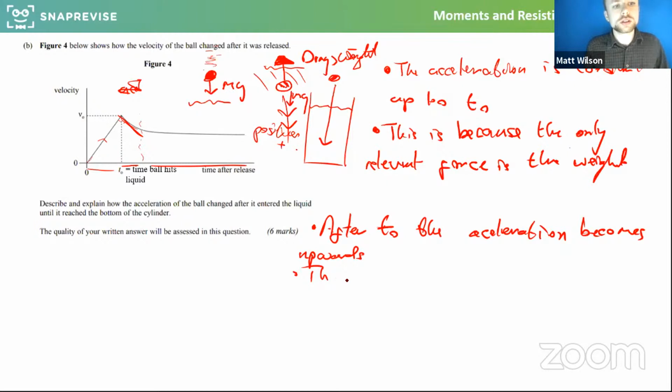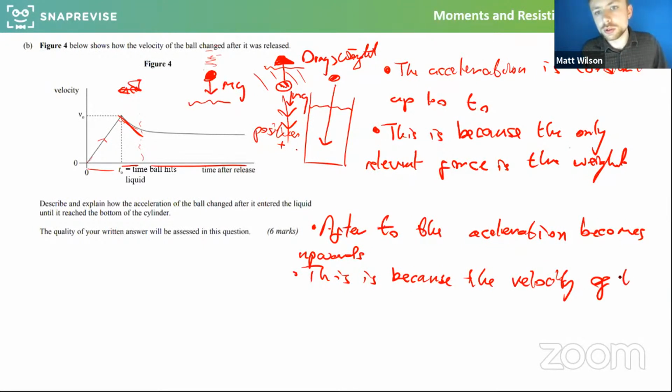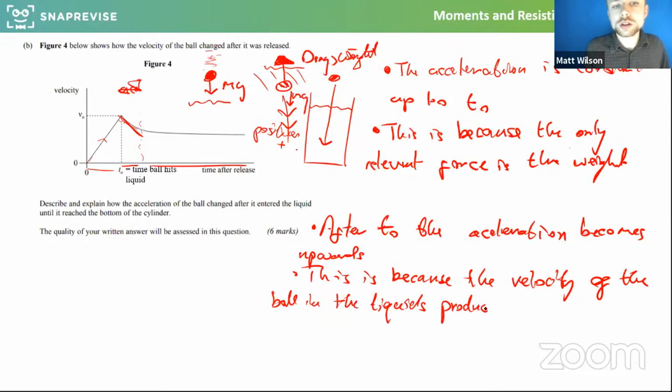This is because the velocity of the ball in the fluid, in the liquid, if you like, produces a drag bigger than the weight.